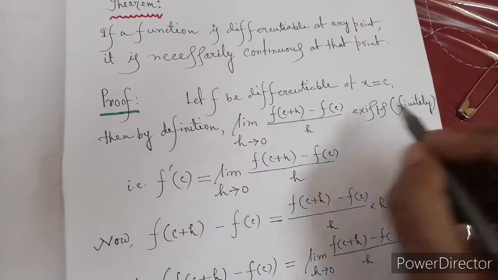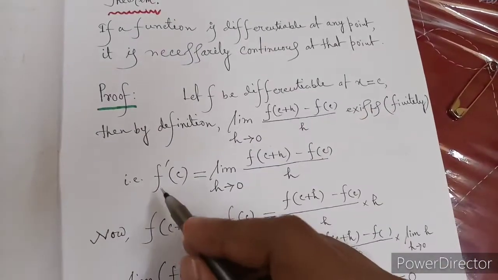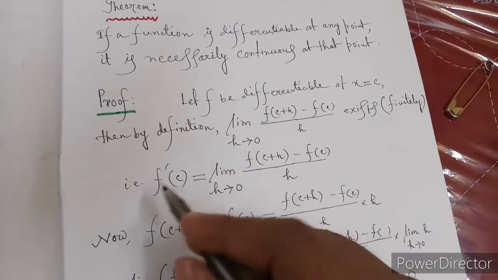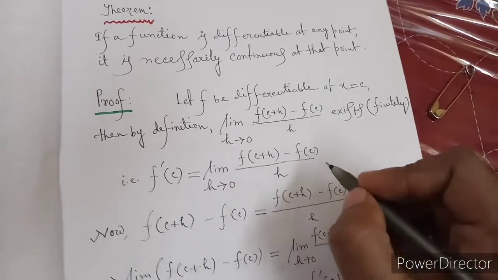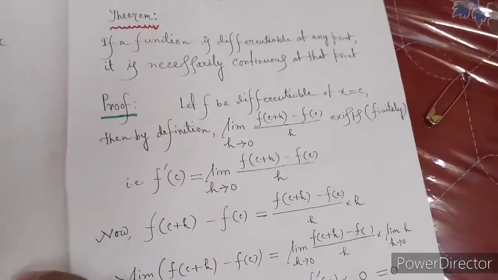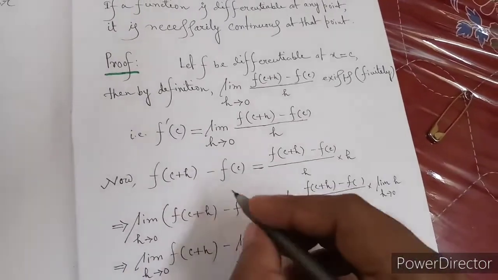Consider this quantity equal to f dash of c. That means f dash c equals the limit as h tends to 0 of (f of c plus h minus f of c) by h. Now calculate f of c plus h minus f of c.